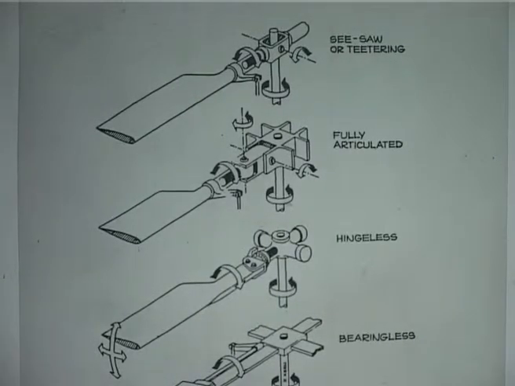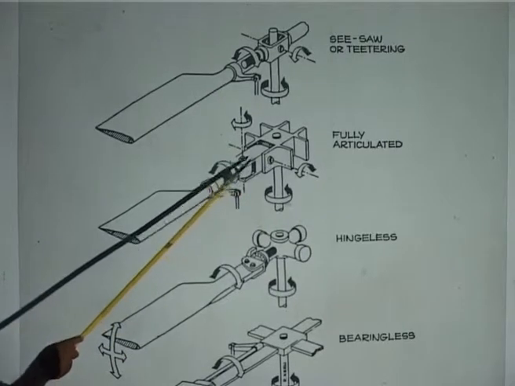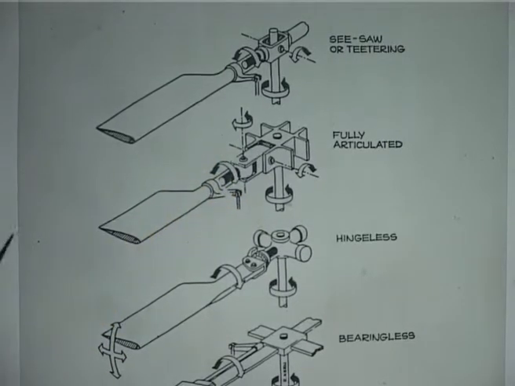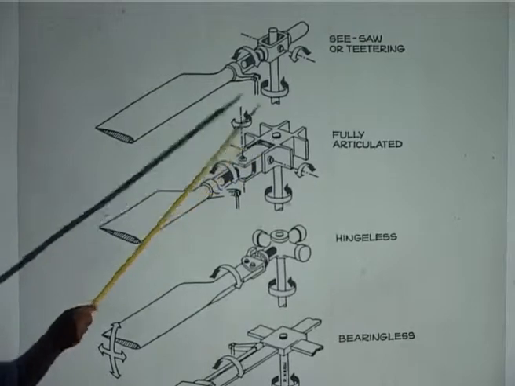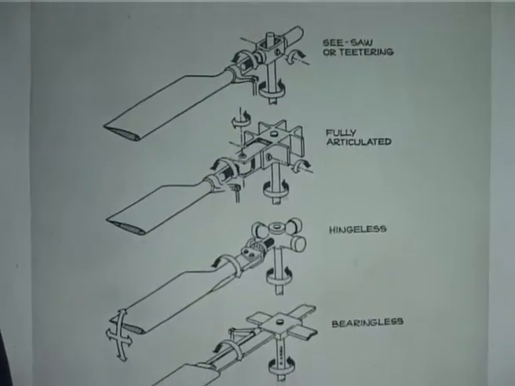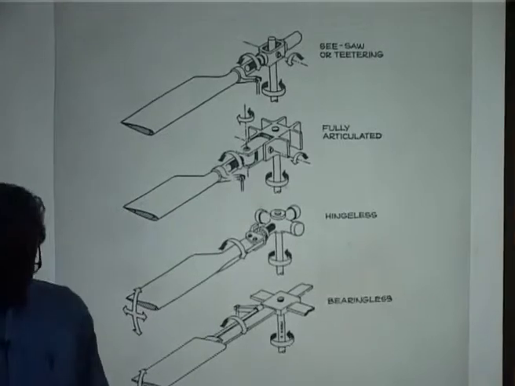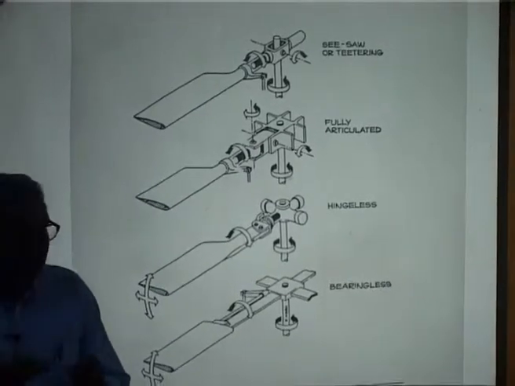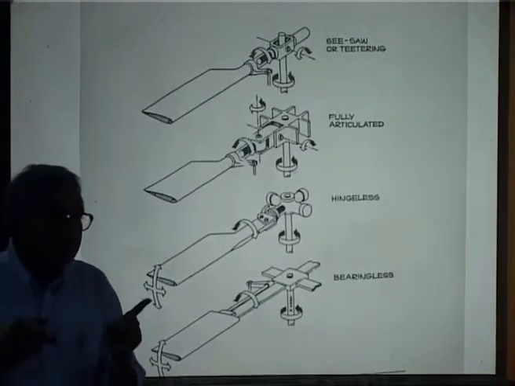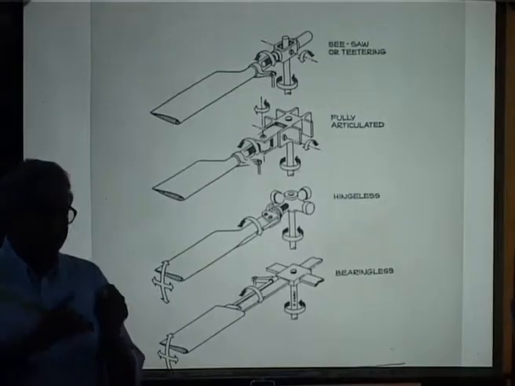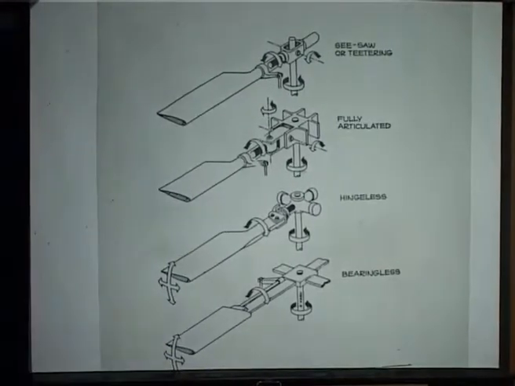Now, the interesting part is these hinges are not at the hub center, please understand, they are away from the center of the hub. So, there is an offset. You call it a hinge offset. Okay.